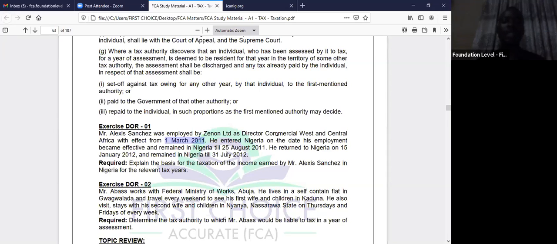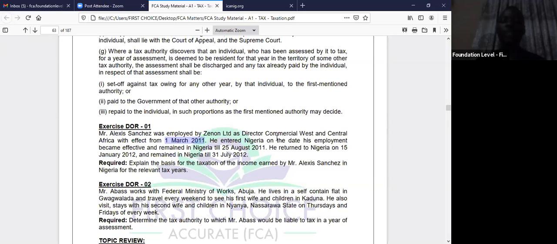So look at it now. You can say that Mr. Abbas has several places of residence. He lives in a self-contained flat in Gwagwalada, that is in Abuja, okay? But look at it. Every week, he sees his first wife in Kaduna. Kaduna is in another state. Every weekend, that means Saturday and Sunday, 2 days, he is with his first wife.